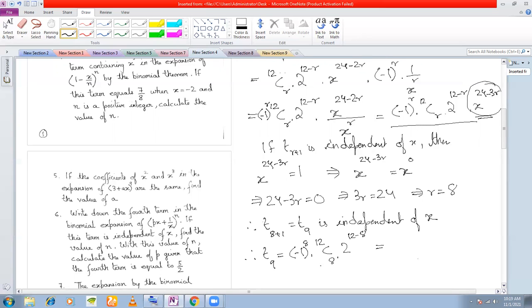So we get here (−1) to the power of 8 is simply 1. 12C8 you can write as 12C4 into 2 to the power of 4. If you multiply all this, you're going to get 7,920. This is the term that is independent of x. Any question?